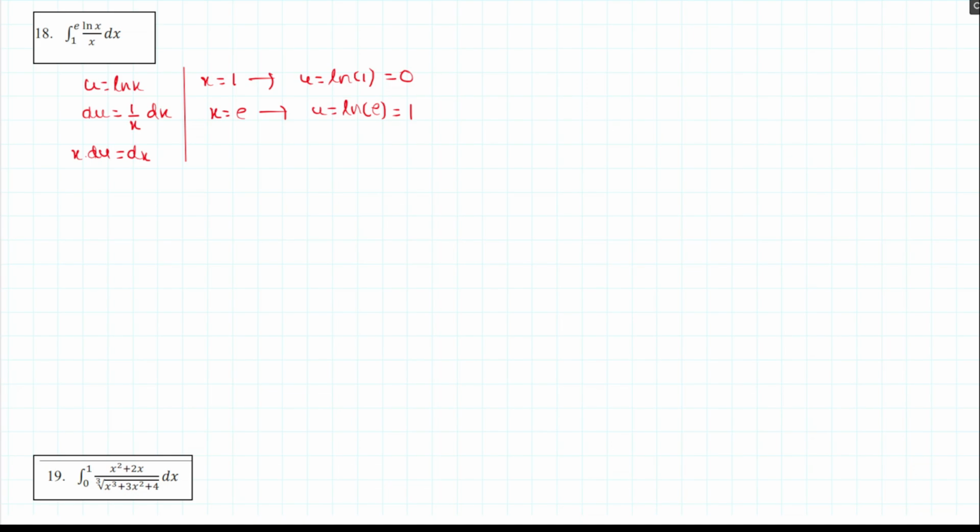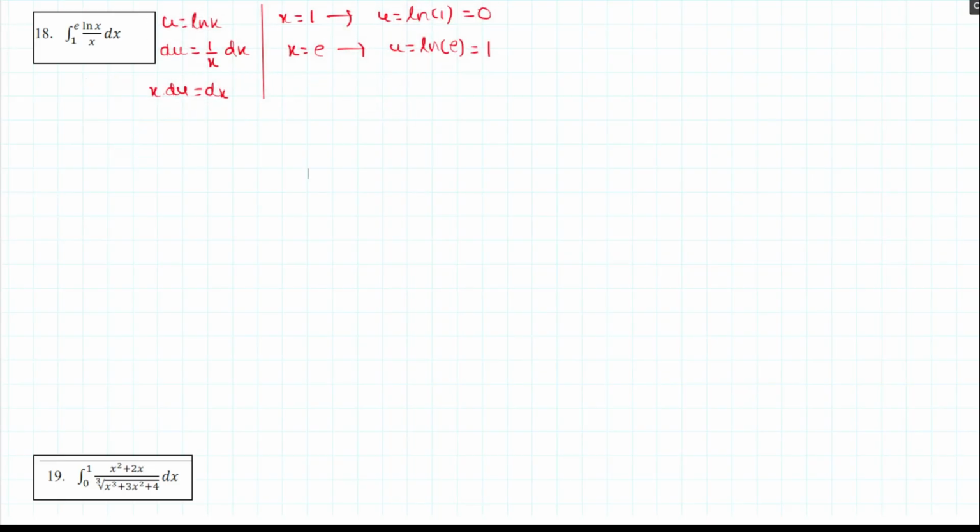So therefore this integral becomes, the lower limit 1 becomes 0, the upper limit e becomes 1, and ln x is u over x times dx equal to x times du. Now the x gets cancelled, so this is integral 0 to 1 u du.